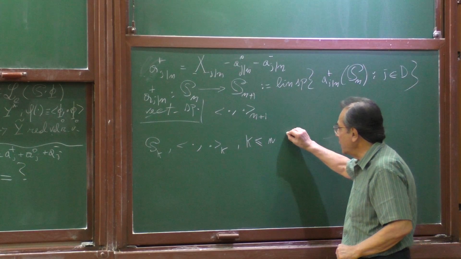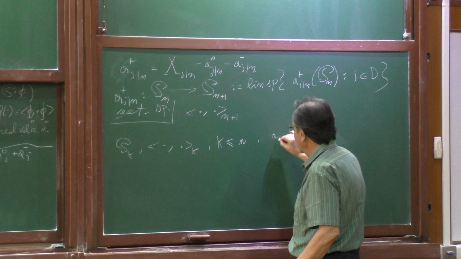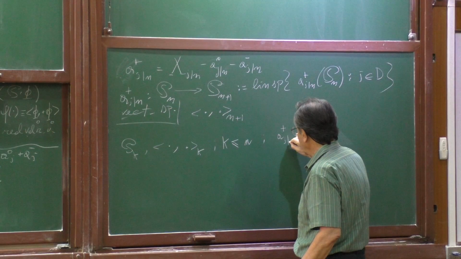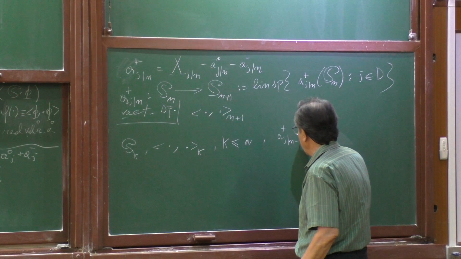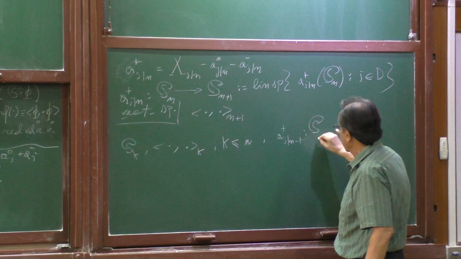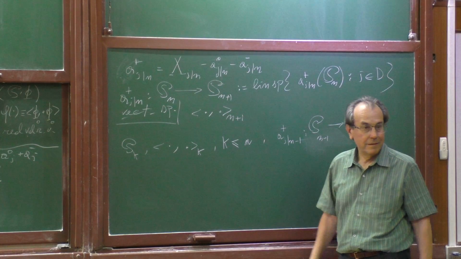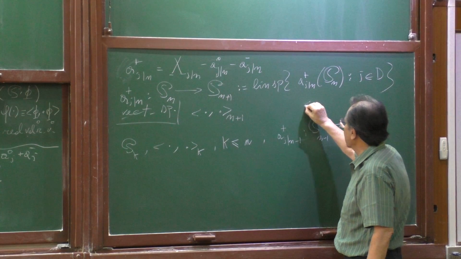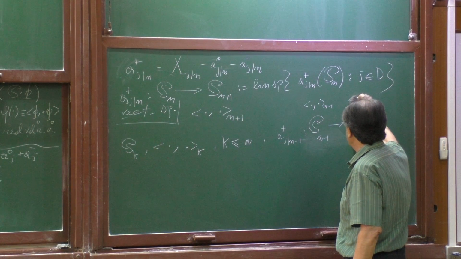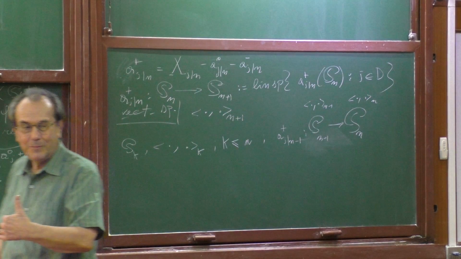So this means that since A dagger J restricted to n minus 1 will go from Pn minus 1 to Pn. Pn minus 1 goes with the scalar product n minus 1, and this goes with the scalar product n, which is the last I have.